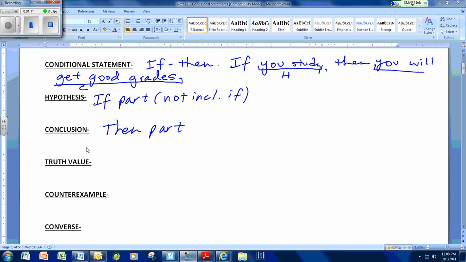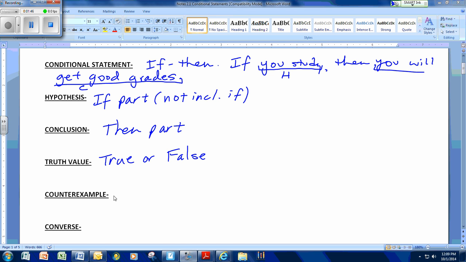The truth value of a conditional statement is basically whether or not it's true or false, okay? In this case, if you study, then you'll get good grades. That may or may not be true all the time. That's true most of the time, but there are plenty of examples where you might study and you might not get a good grade because maybe you forgot, okay?